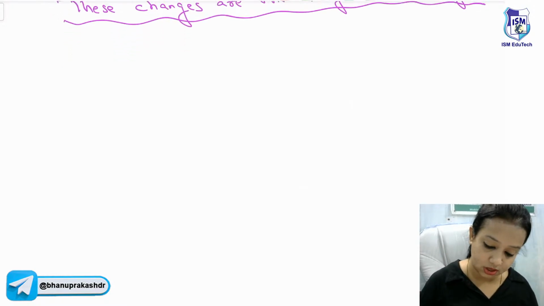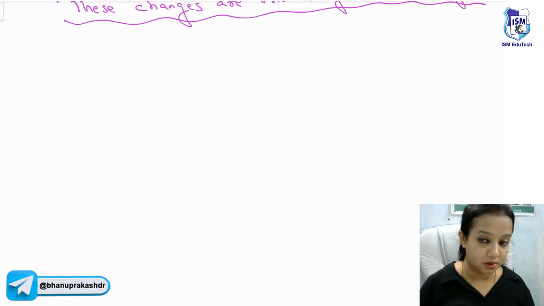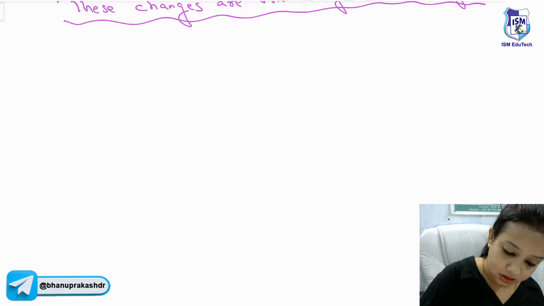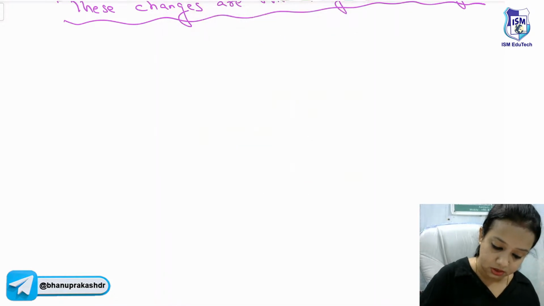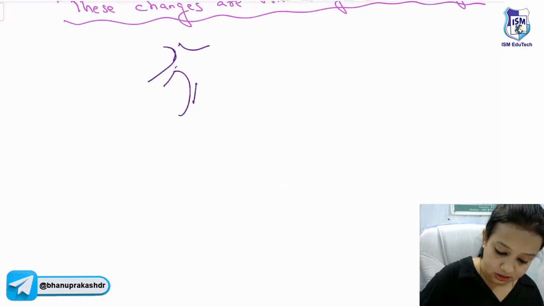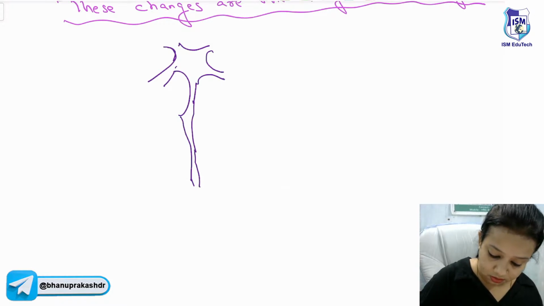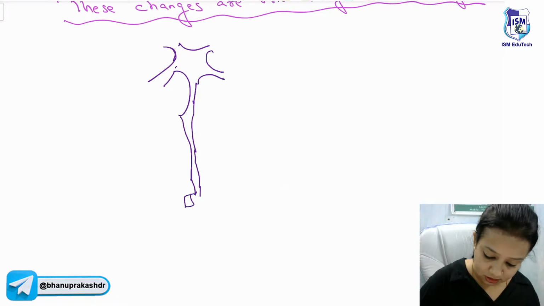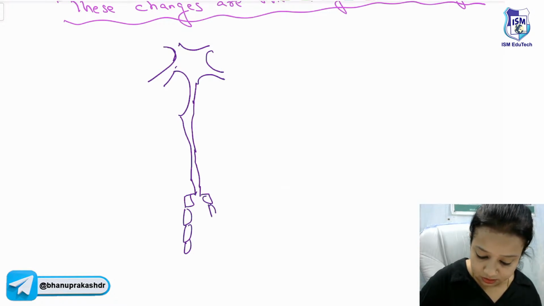So, it again starts with the distal part. In the distal part, what happens is that this is the axon. From that part, there is formation or laying out of the myofibril.